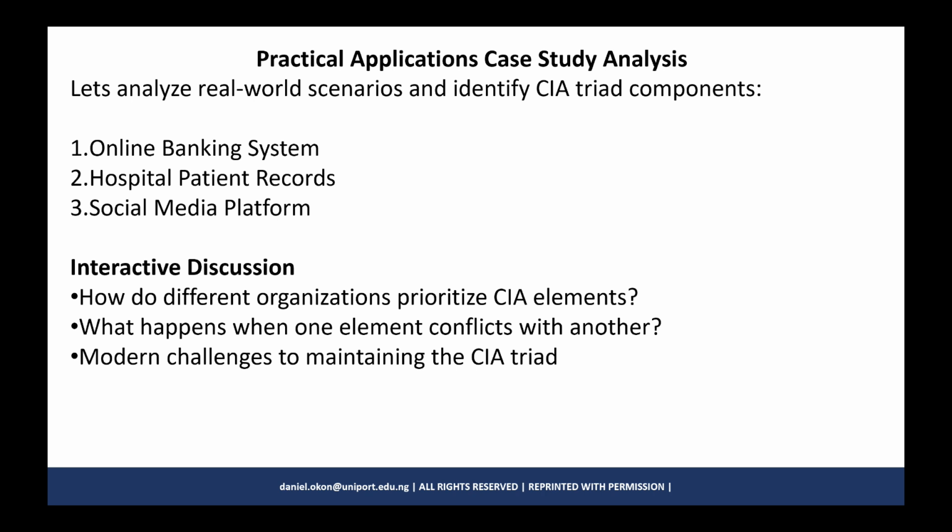What's your name? Prince. Go on. So, in the CIA triangle, we have confidentiality, integrity, and availability.